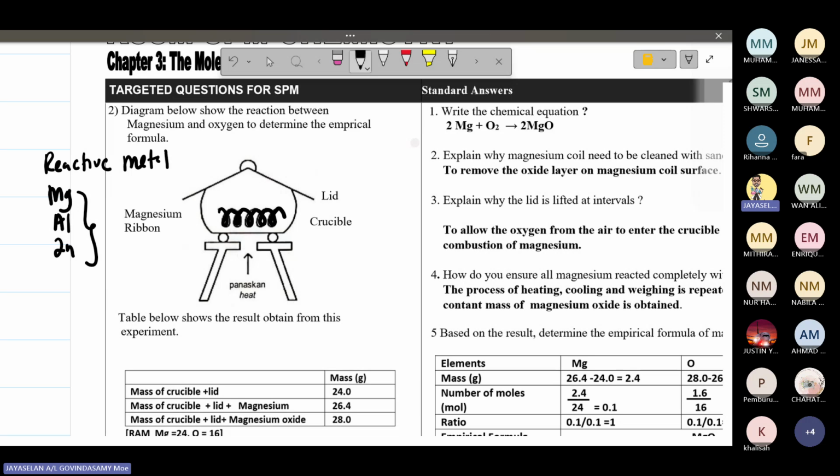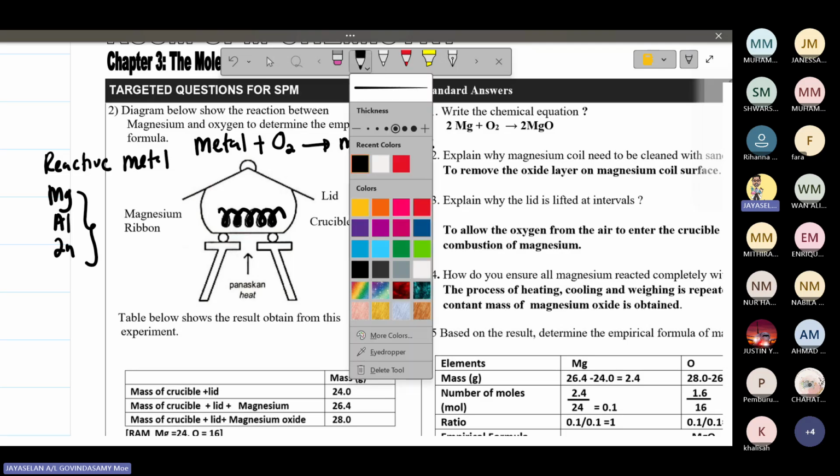Okay, in this reaction, what will we do? We take the reactive metal, we react it with oxygen because oxygen supports combustion. Oxygen is everywhere, right? You do not need to supply oxygen. What will you guys get? You guys will get metal oxide. This is the main aim of this reaction.